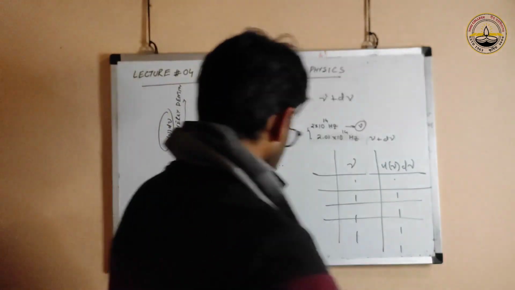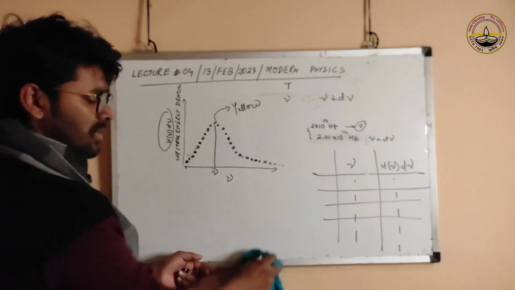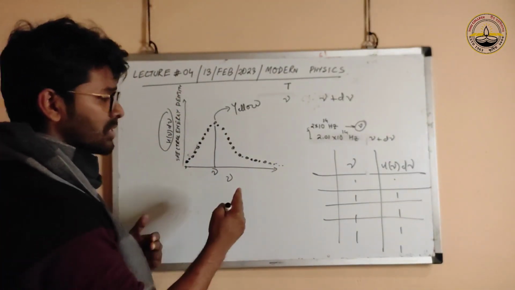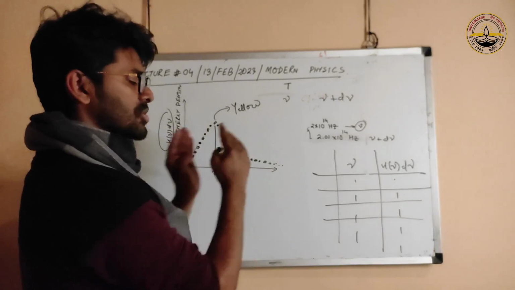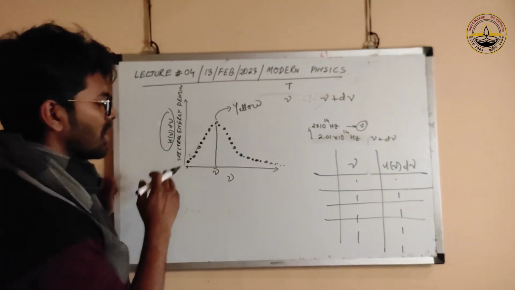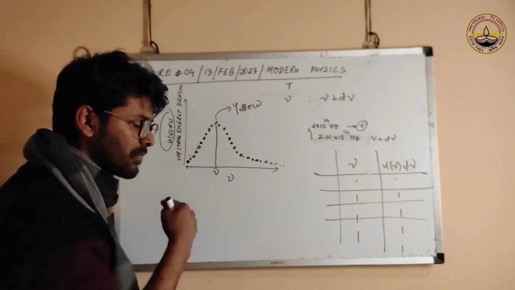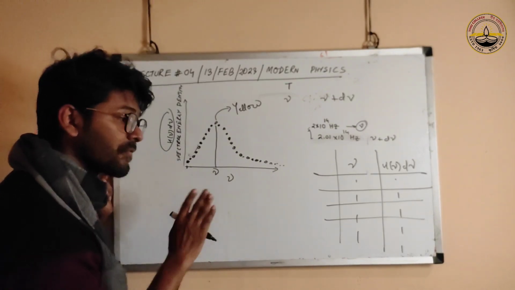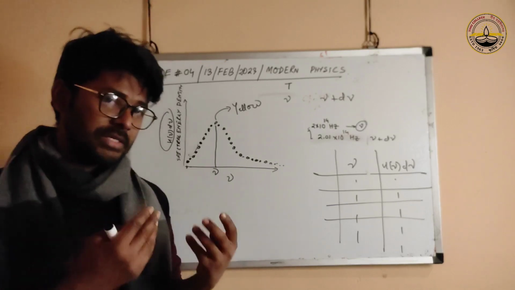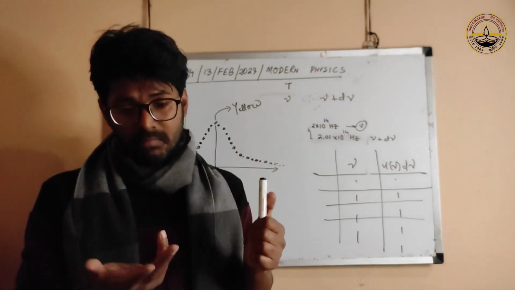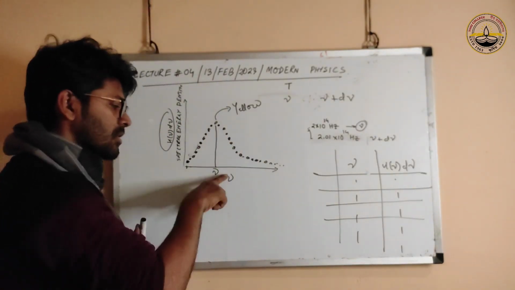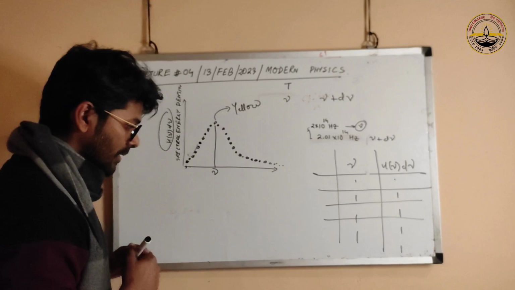Actually, if you increase the temperature, the peak value of frequency tends to shift in this direction, which means if you increase the temperature, the peak frequency will increase, and that means the peak wavelength corresponding to this frequency will decrease.